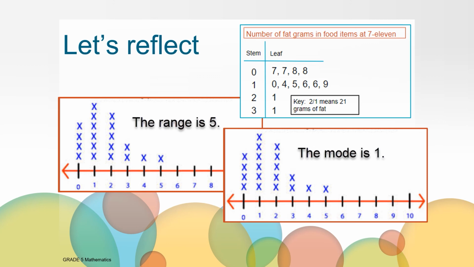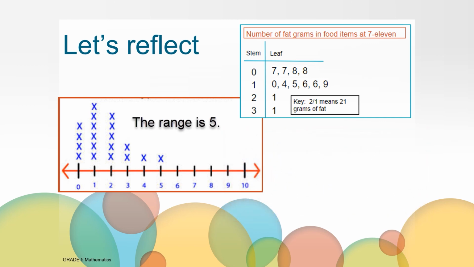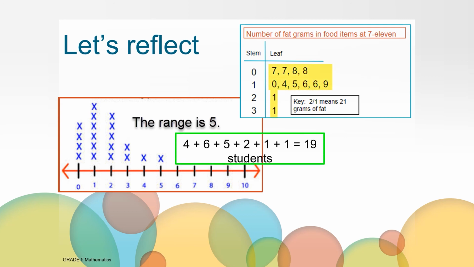Determining the range and mode of a data set assists us in making inferences about data. We also spent time determining the amount of values in our data set by either counting the total of x's in a line plot or by looking at the amount of leaves in our stem and leaf plot.